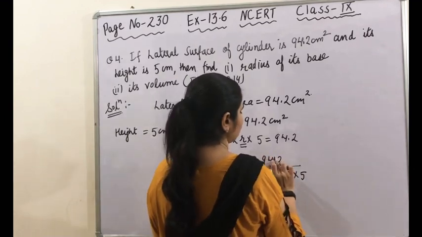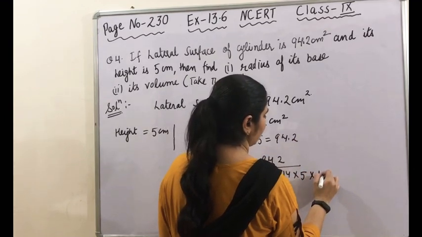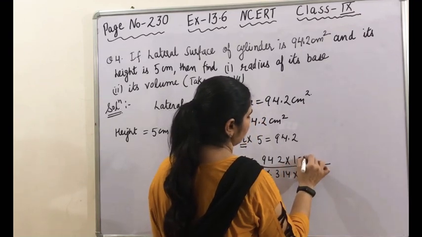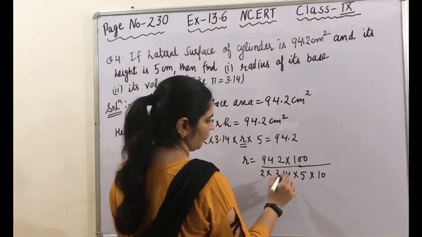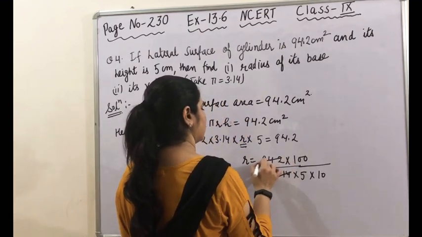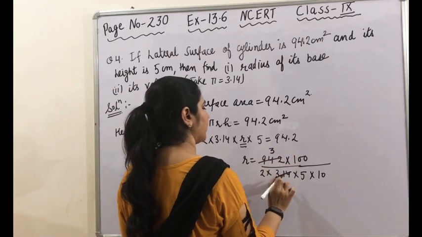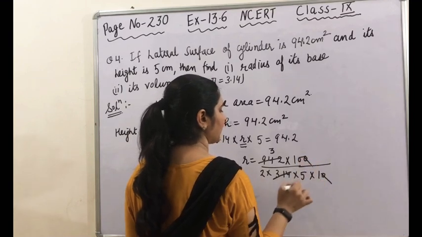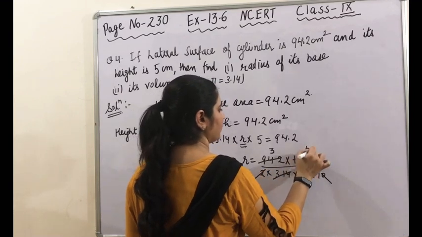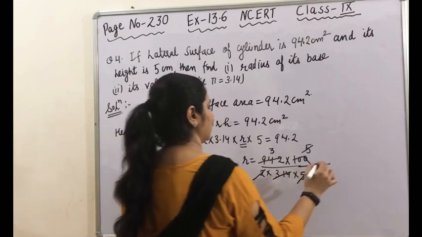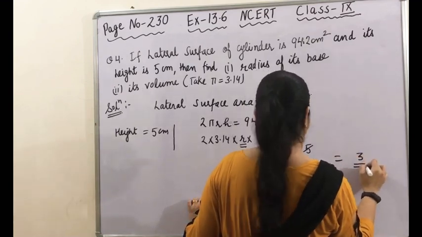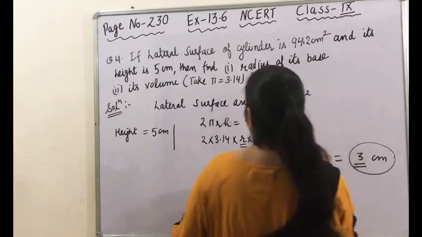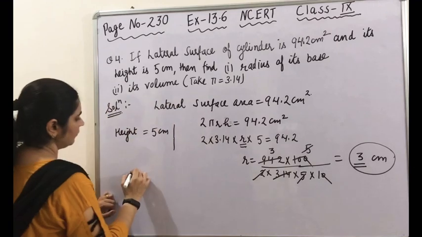When we omit this point, 10 will come in the denominator, and when we omit this point, 100 in the numerator. 3 1s are 3, 4, 1; 3 3s are 9, 4, 2; and 0 and 0 will be cancelled. 2 5s are 10, and 5 cancel. Here this is 3 centimeter.